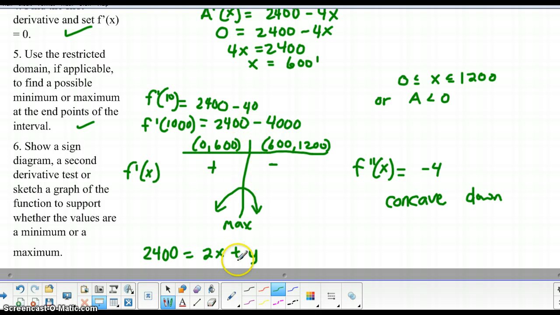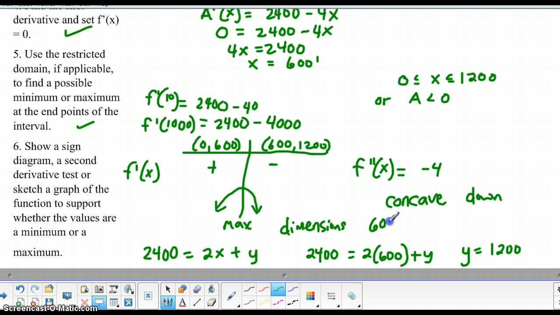Since we found our x is 600, we know our y must be 1200. So our dimensions will have to be a length, or we could say depth, of 600 feet by our width of 1200 feet.